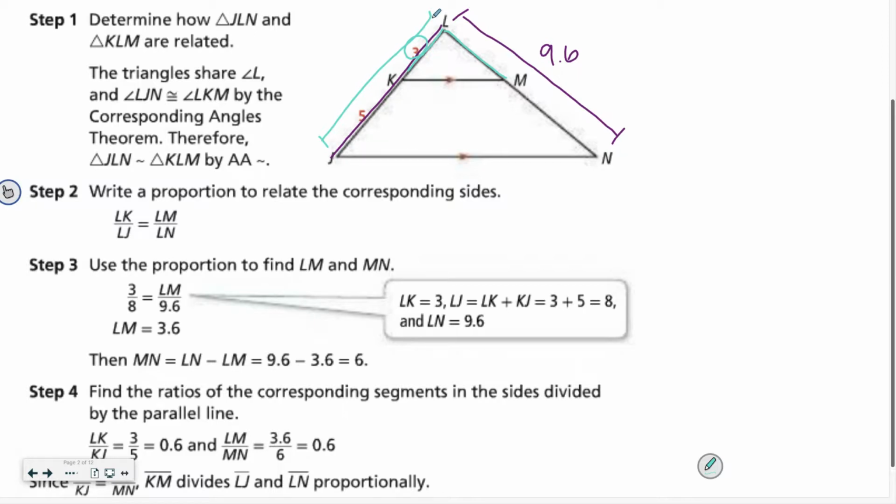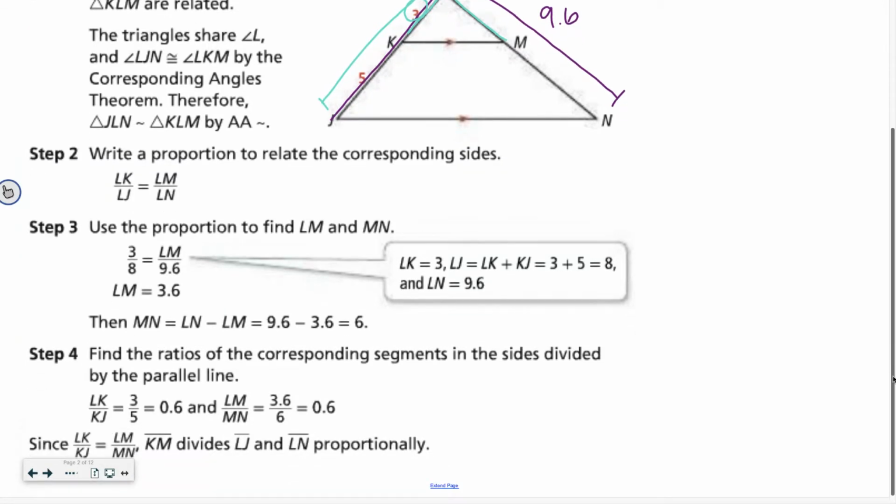And then LN, the entire distance, is 9.6. They told us that in the directions. So then I can cross multiply and divide. So 3 times 9.6 divided by 8 leaves me with 3.6 for LM. And then I want to figure out what MN is.